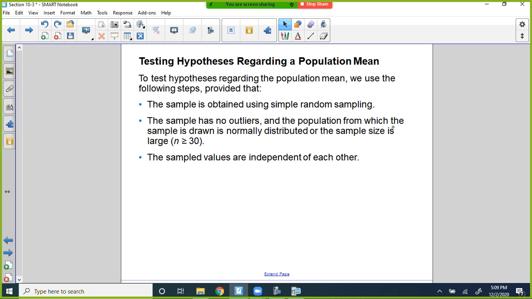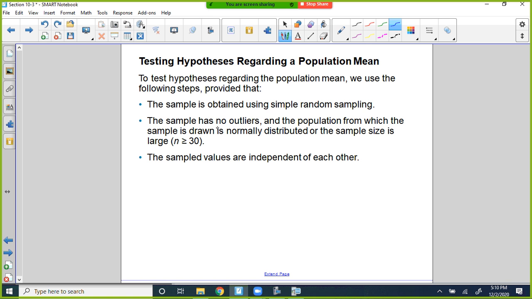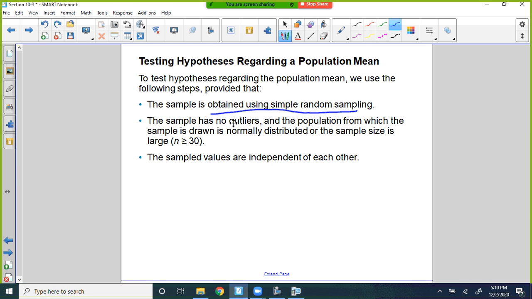So to test a hypothesis regarding the population mean, we use the following steps, provided that the sample is obtained using a simple random sample, right? The sample has no outliers, and the population from which the sample is drawn is normally distributed, or the sample size is greater than 30. Okay, that's key.